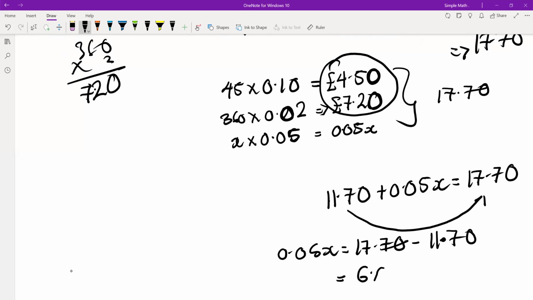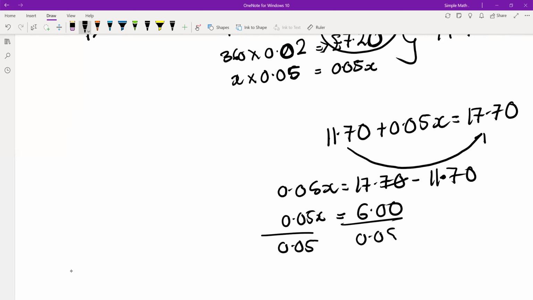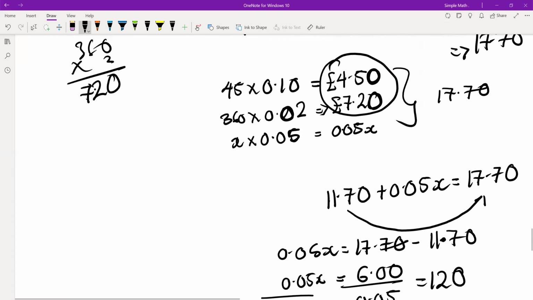We have 6 pounds equals 0.05x. You can quickly divide it in a calculator. 6 divided by 0.05 gives us 120. So it means that in total it has 120.